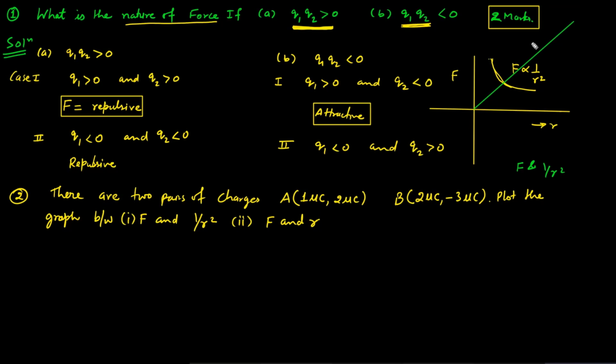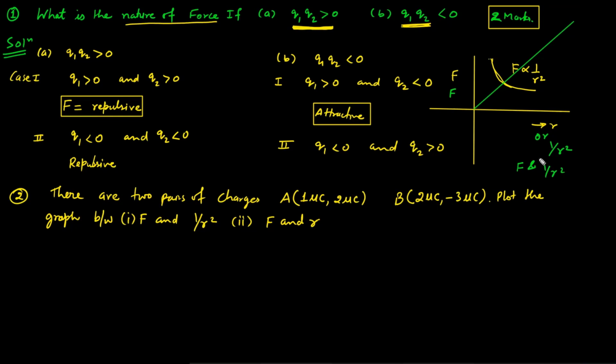This is the graph between F and 1 upon R square. On the y-axis we will write F only, but on the x-axis we will write 1 upon R square instead of R. I hope it is clear to everyone.